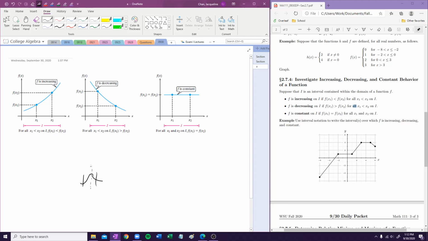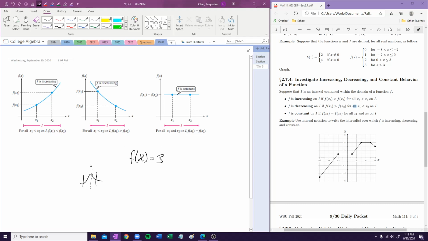And again, f is constant on I if f of x1 is equal to f of x2 for all x1 and x2 on I. Or not equal, sorry. For any x1, x2, the y's are equal. And it makes sense, right? Because when f of x equals 3, that is a constant. No matter what x I put in, x1, x2, x7, whatever, I will always get out a 3.